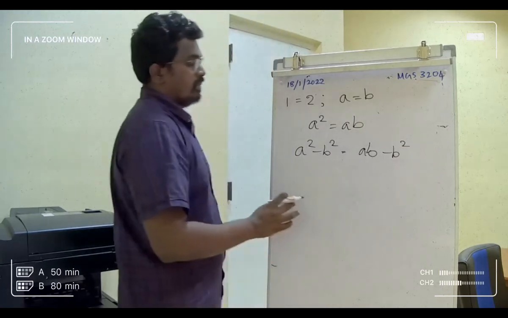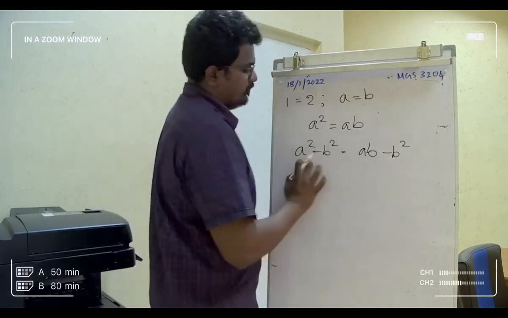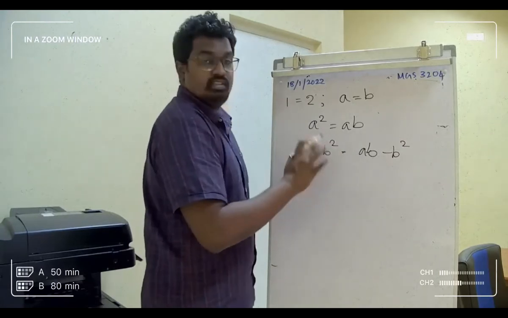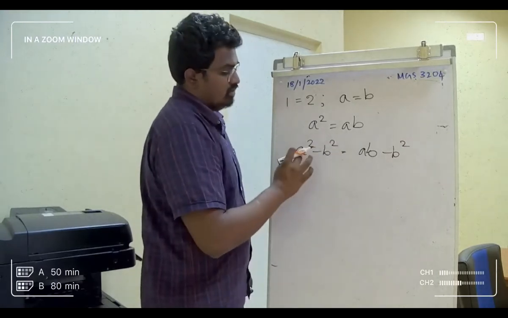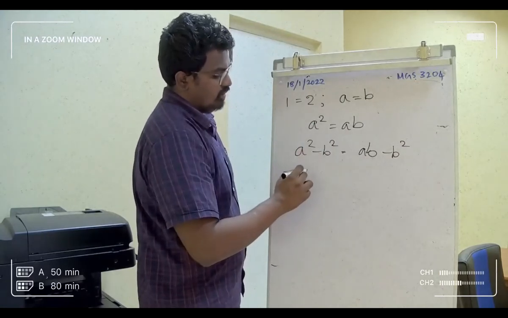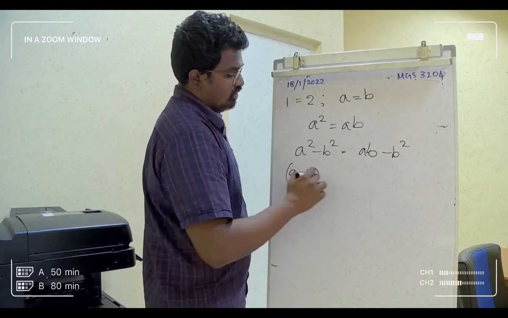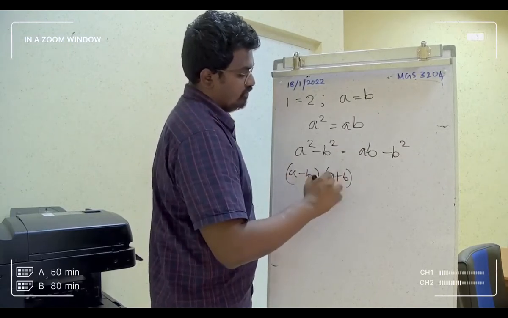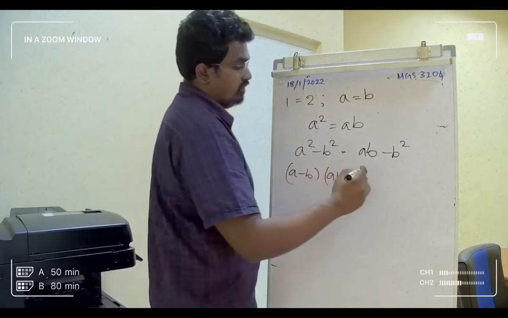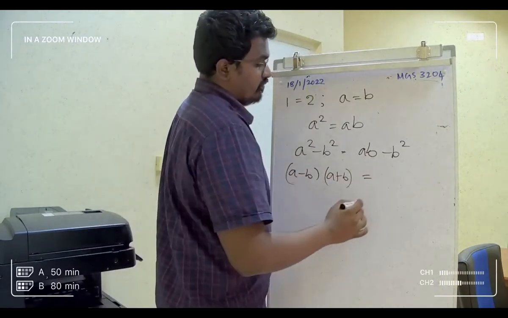Okay. Now here we get what we call factorization. You could remember, right? So we have a squared minus b squared terms. It means a minus b times a plus b, isn't it? Could you remember? Yes, sir. Here we've got b.